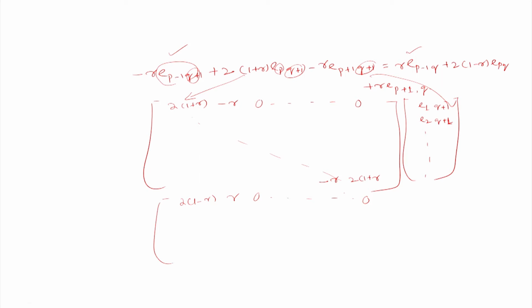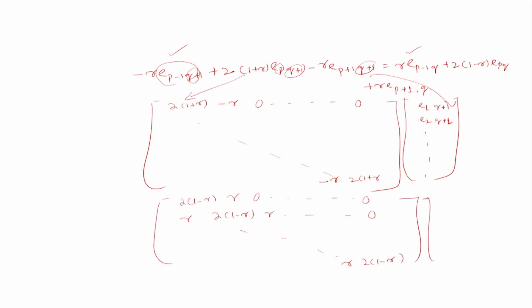And the immediate next element will come as r, 2 into 1 minus r, so likewise it will continue, and in the final term we can get it as r, 2 into 1 minus r here.